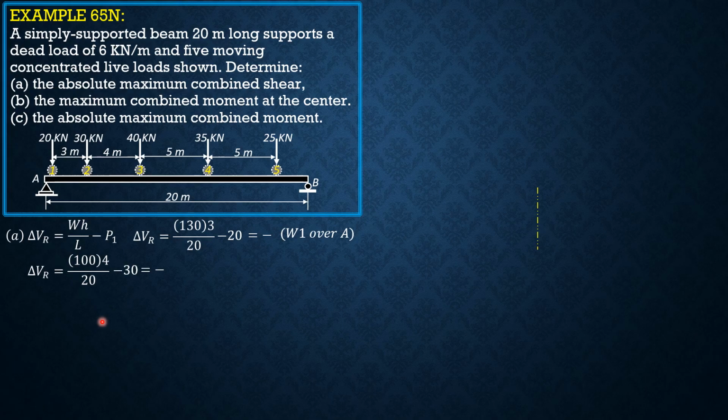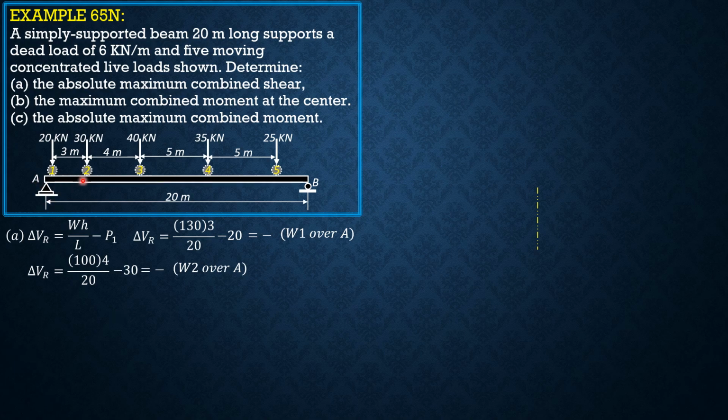So let's continue. So it does not satisfy the condition because it is negative. So that means load 2 over A also satisfies, because preceding position, load 2 over A was positive.